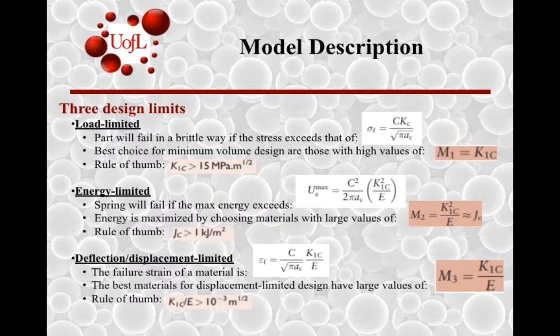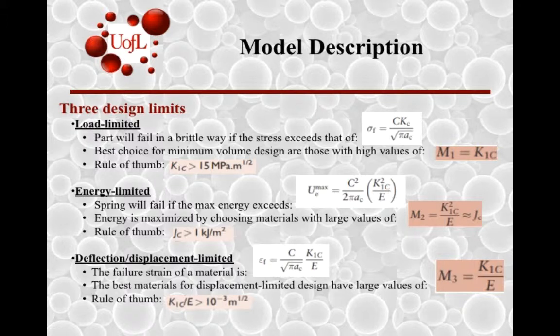Like I said, with load limitations, the first equation, each of those in white are where they're going to fail in each of these categories. The second one in this peachy color is the best material index to be selected for each of these to do well, and then the rule of thumb, meaning what engineers generally consider to be the failing point, it shouldn't be any less than this, are each of these values here.